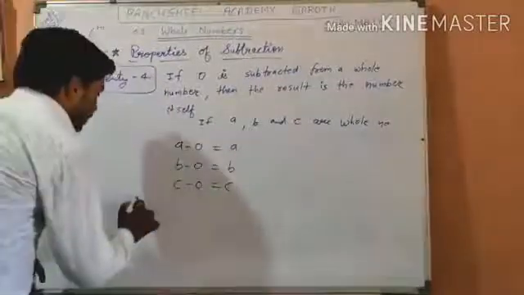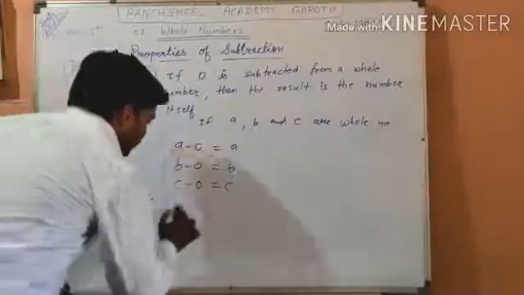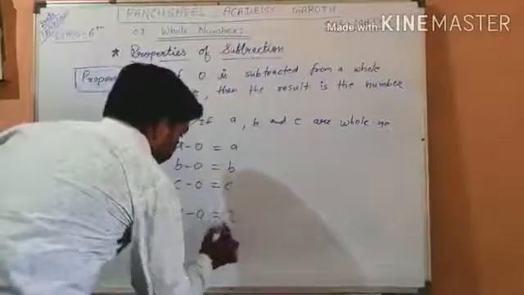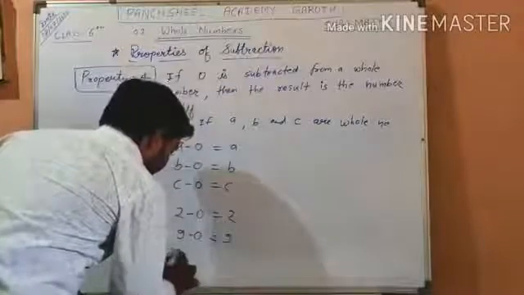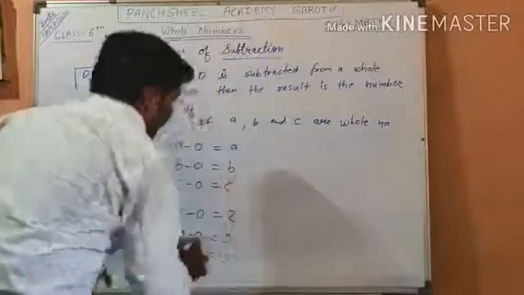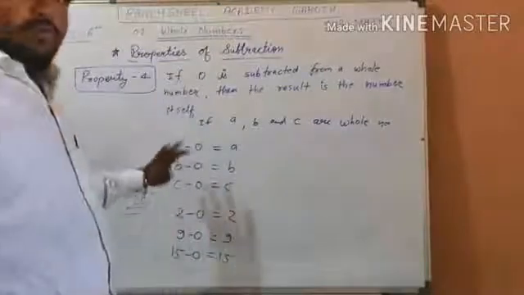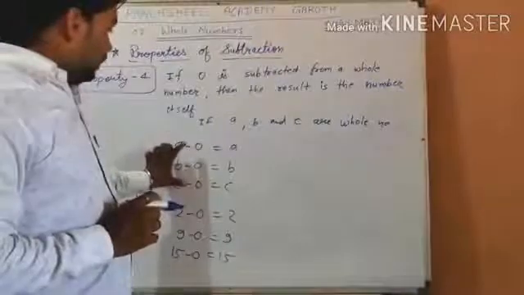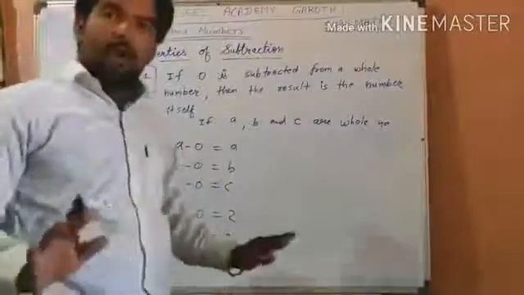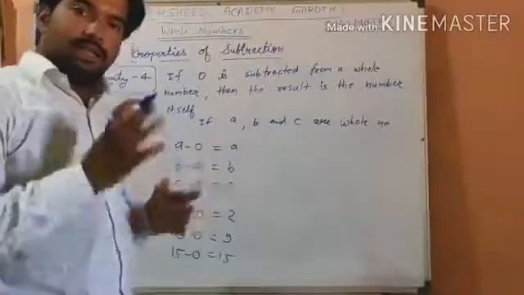Okay. If we take an arithmetic example, 2 minus 0 is 2. 9 minus 0 is 9. 15 minus 0 is 15. Means this property holds for subtraction. If we subtract 0 from any whole number, then the result is this number itself.